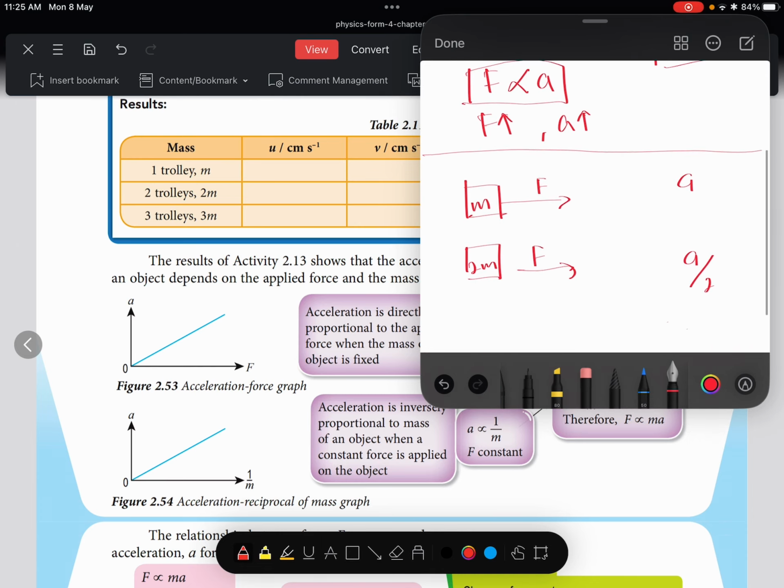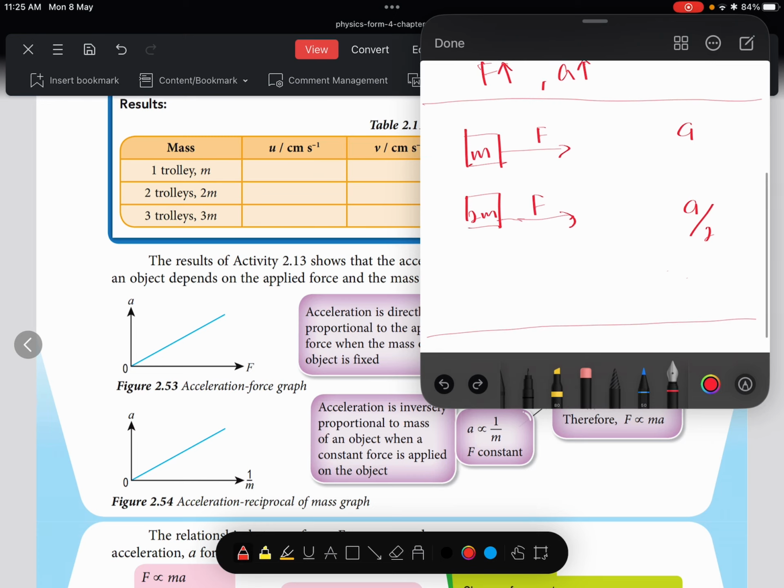In the second situation, we have one object of mass m, pulled by this force, and we have acceleration a. Now we don't change the force F, but we change the mass. In this case, the object will still accelerate, but the acceleration is lower, and the acceleration will be half.